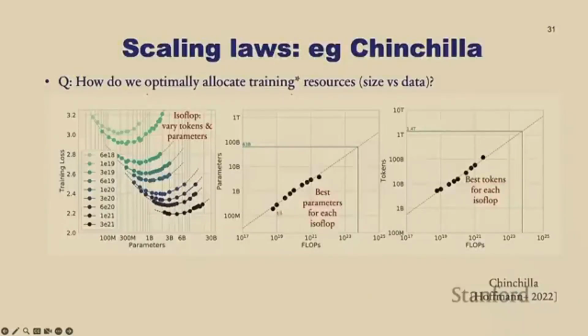So now I have something which tells me that if I want to train a model of 10 to the power 23 flops, here's exactly the number of parameters that I should be using: 100B. And you can do the same thing with flops and tokens. So now you can predict, if I tell you I have 1 month of compute, what size of model should I be training? Fit your scaling law, and it tells you.